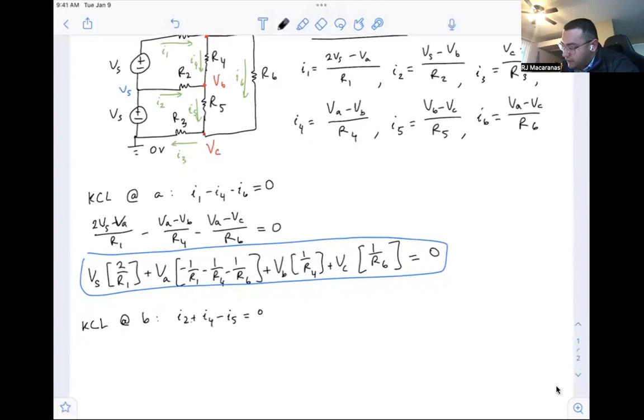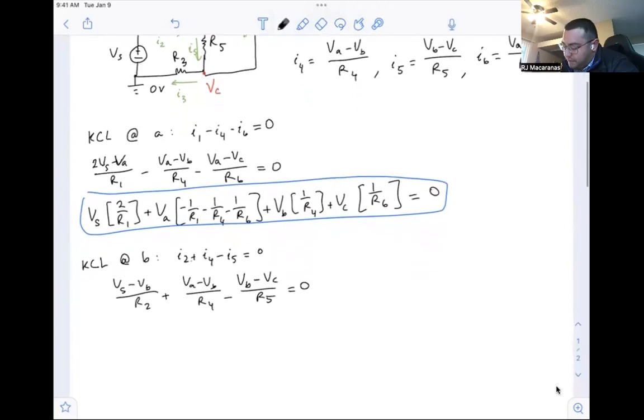So we expand this out. We've got Vs minus Vb by R2 plus Va minus Vb by R4 minus Vb minus Vc by R5. And that'll sum to 0. So we extract out all of our terms again. We get Vs 1 by R2. We've got Va. How many VAs do we have? We've got 1 by R4.